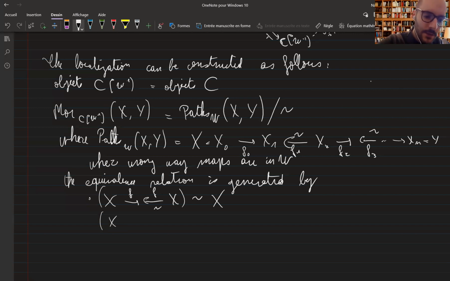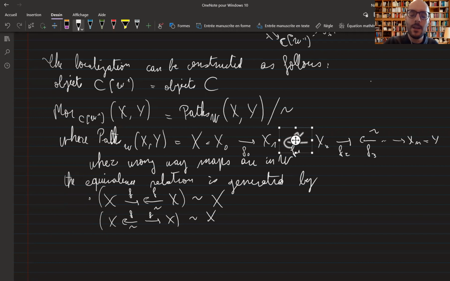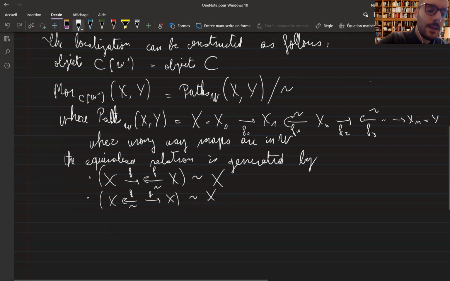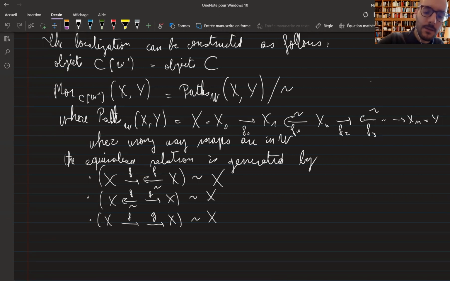Or similarly, if it's first F in the wrong direction and then F in the correct direction, you can collapse it. Essentially, it means that these maps which go in the wrong direction are kind of like formal inverses of elements of W. And finally, whenever you have two maps in the same direction, say to Z and then to Y, this is identified with the composition.